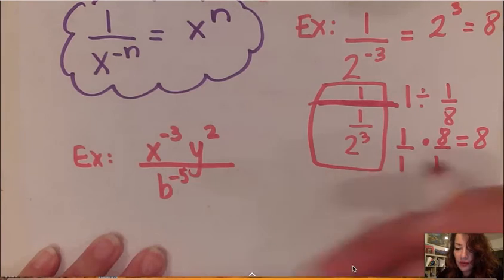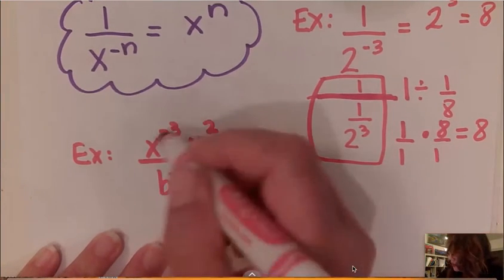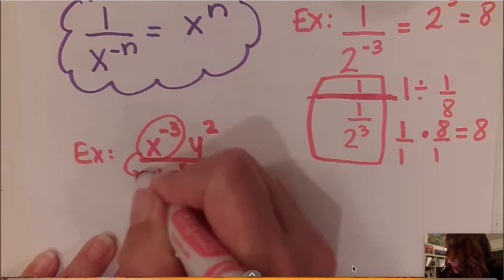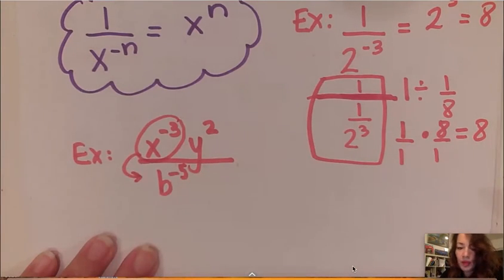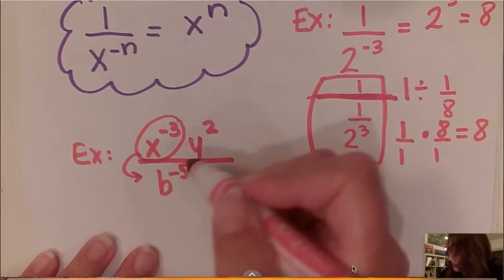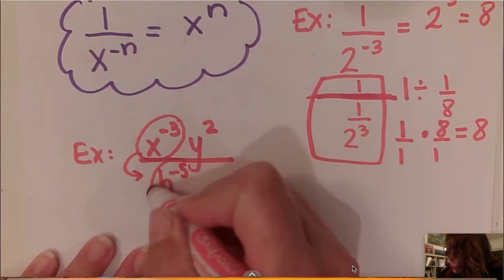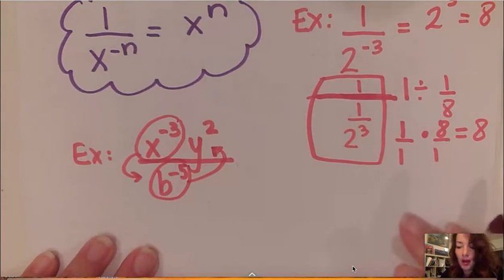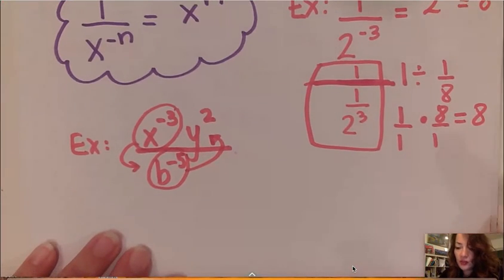So that's not a very mathematical term, but you can see that if I took this whole expression, crossed the line, and brought it down here, it would become 1 over x cubed. And if I took the bottom one, which is b to the negative 5, and brought it to the numerator, that would become positive b to the 5. So that's where the statement cross the line, change the sign comes from.